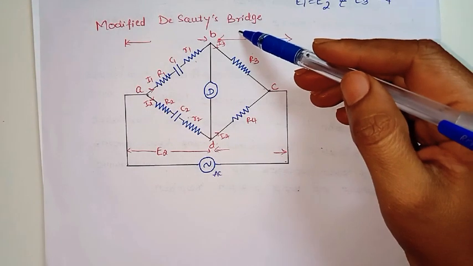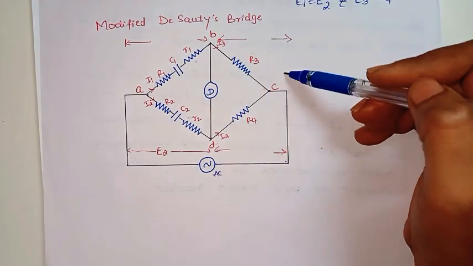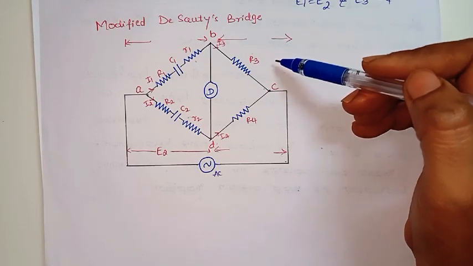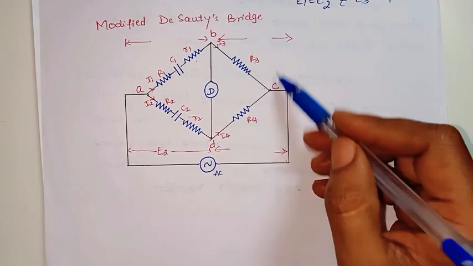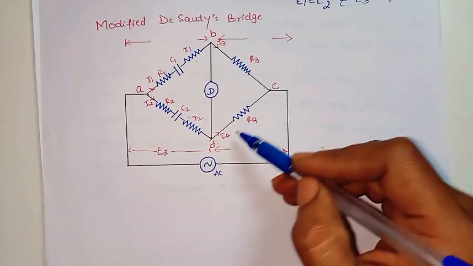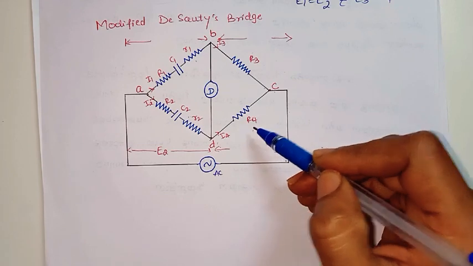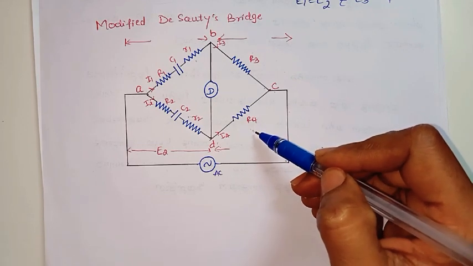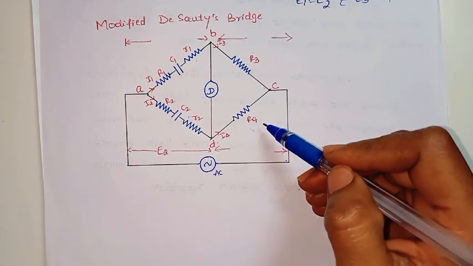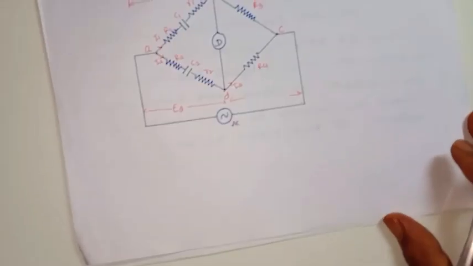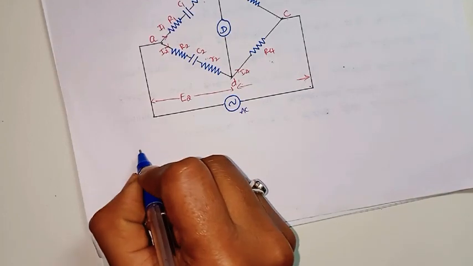In the BC arm there is R3, a non-inductive resistance. And in the arm CD there is one more resistance R4, which is also a non-inductive resistance.